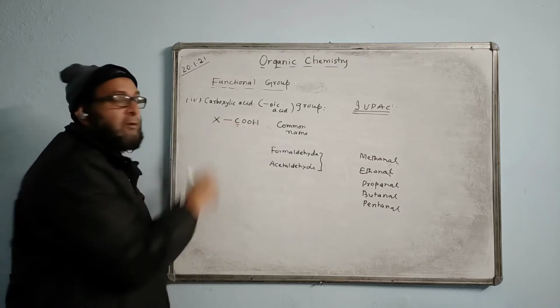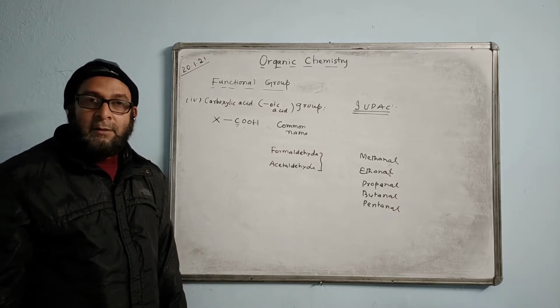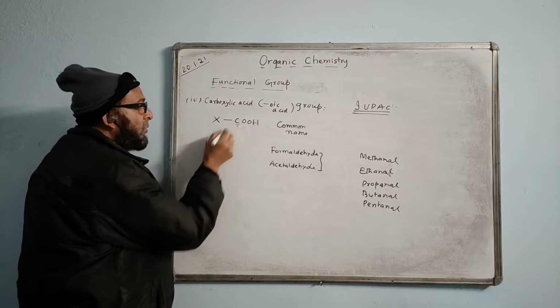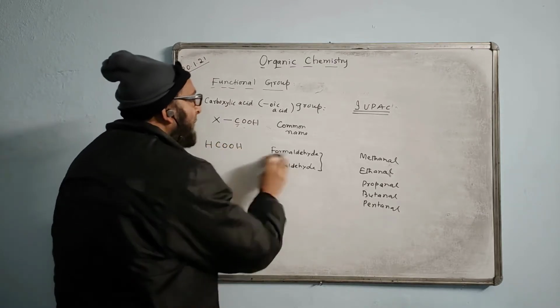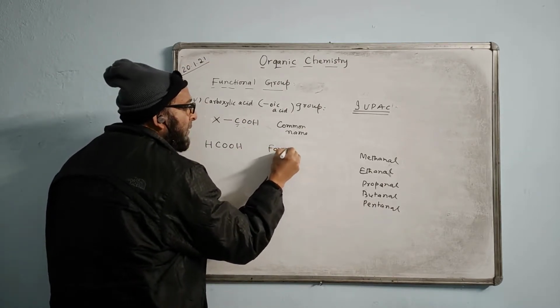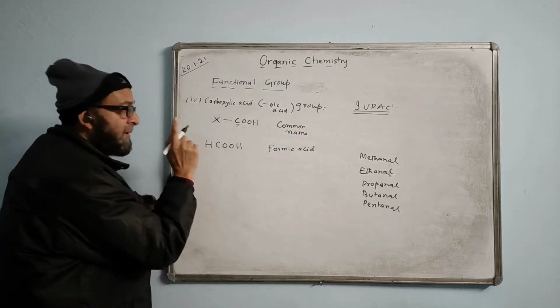C is already given, no? C is already there. What value of H should you start with? Yeah, put that H because carbon is already there: HCOOH. And the common name becomes formic acid. When we start with H, we call it formic acid.